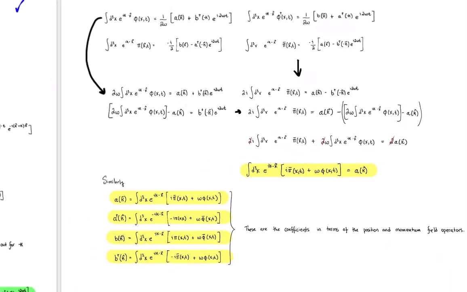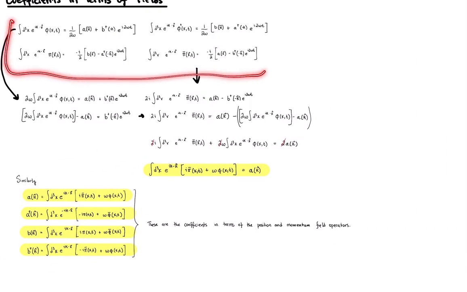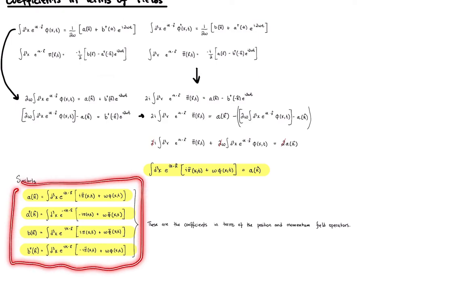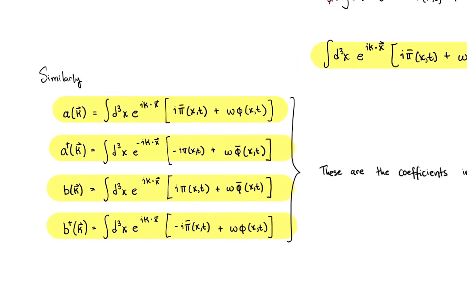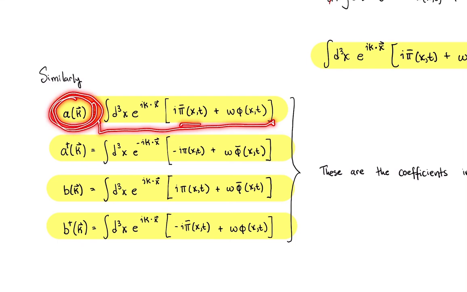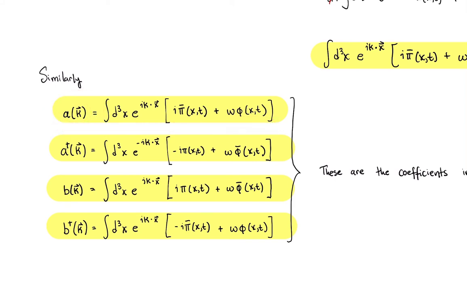All right, so we can do a very similar process. We could pick and choose the ones that we want to isolate, and similarly we could find these guys. So what are these guys? These are expressions for the coefficients in terms of the solutions, right? And this is actually kind of useful.